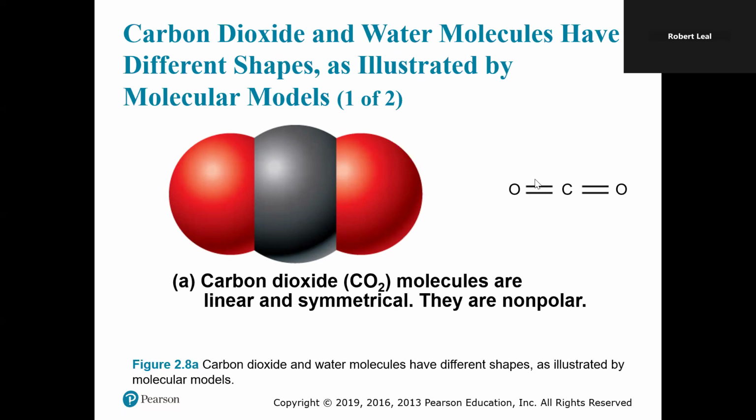And there are no charges here because on the other side of the carbon is an oxygen to counterbalance it. Normally, oxygen is stronger than carbon and would pull the electrons closer toward it. But since there's another oxygen on the opposite side, it keeps the electrons in the middle. So this again is an example of nonpolar, and these are double covalent bonds.